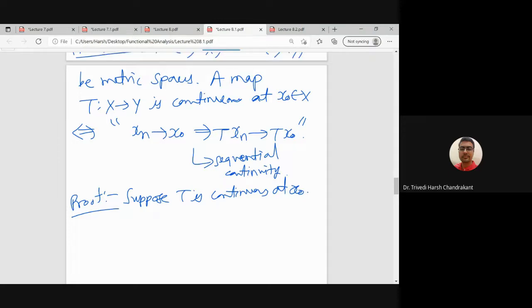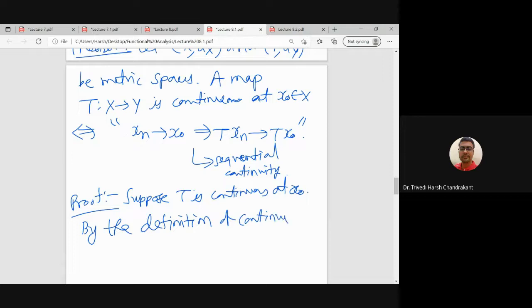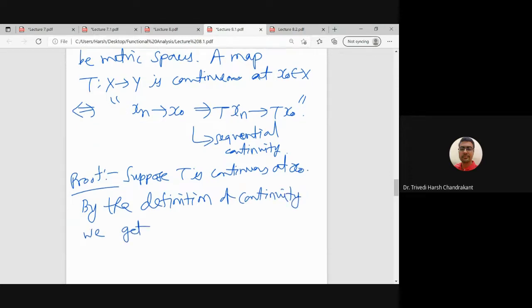So if T is continuous at x naught, where x naught is a point of X, and X is a metric space, then by the definition of continuity... So what is the definition of continuity?